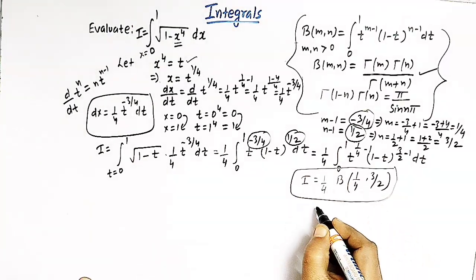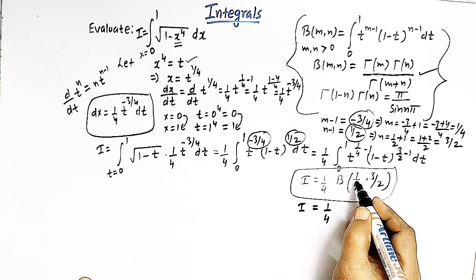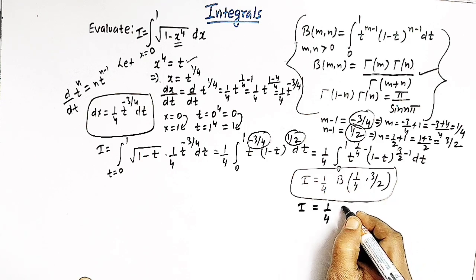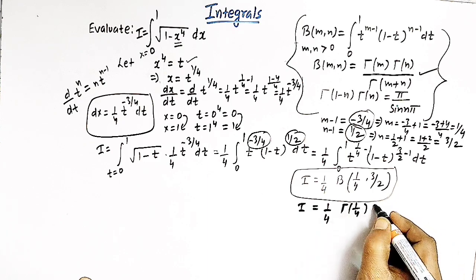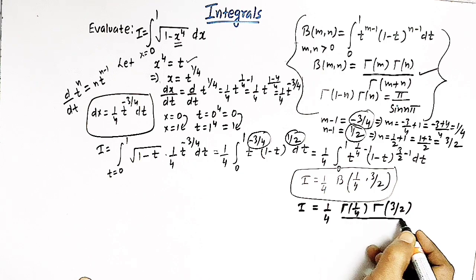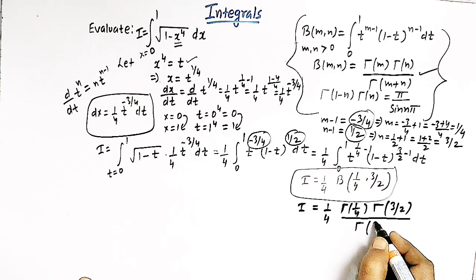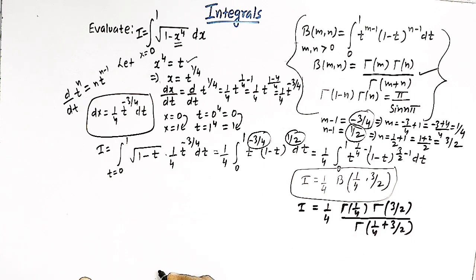So now we can write this integral I as 1 over 4, then we have gamma 1 over 4, and then we have gamma 3 by 2, and in the denominator we have gamma 1 by 4 plus 3 by 2, right?